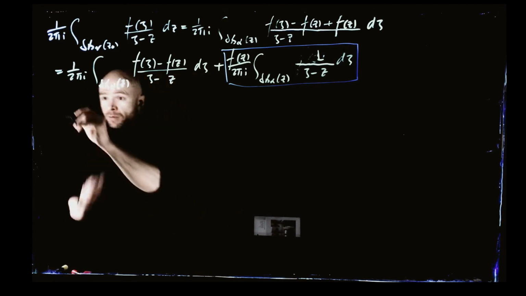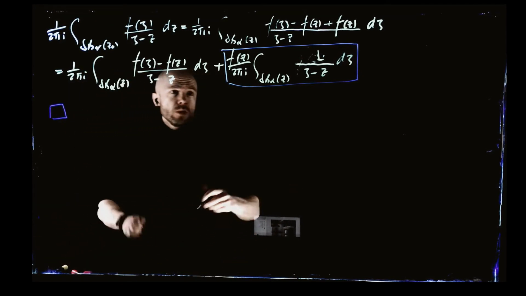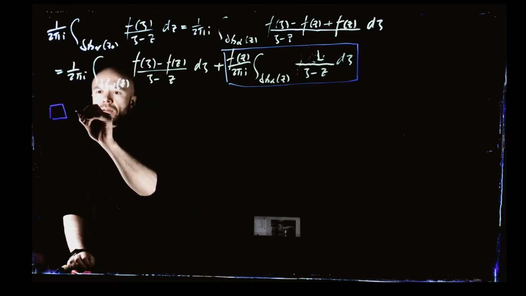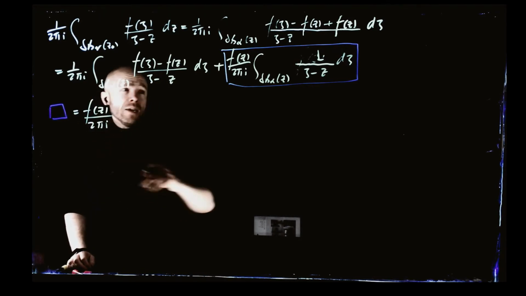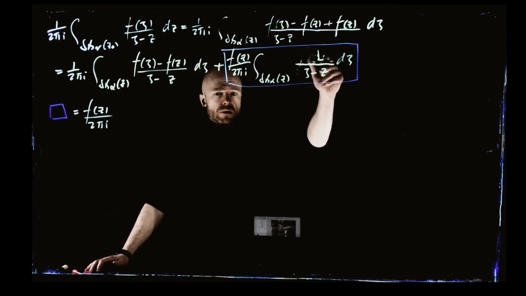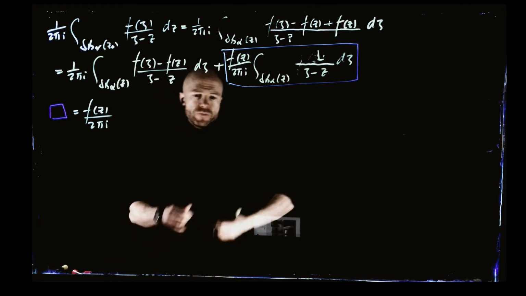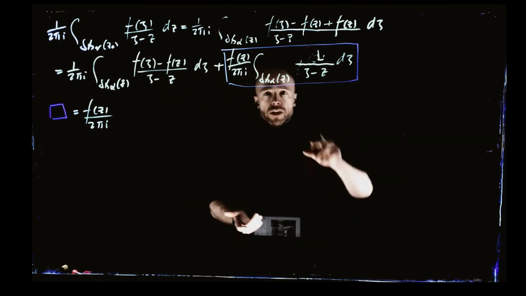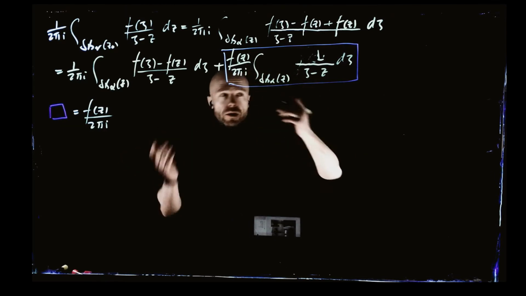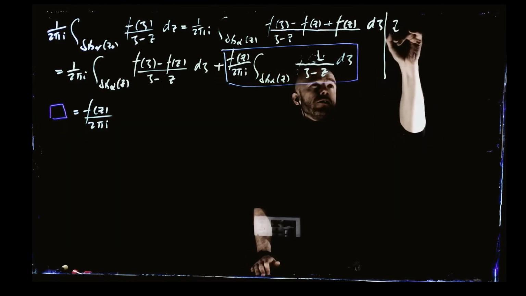So in the blue box, what do we have? We have f of z over 2 pi i, and then just the integral of this function over the ball. But this is a function that we can easily just actually calculate, putting in a parameterization. So the obvious parameterization around the ball is the one you've told me before.